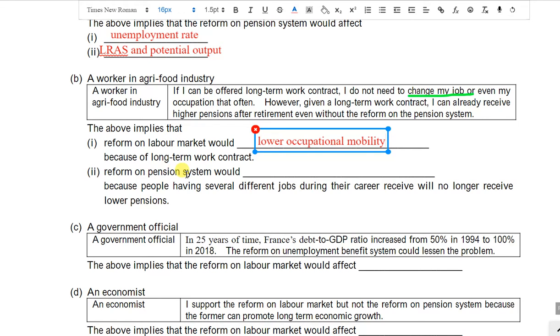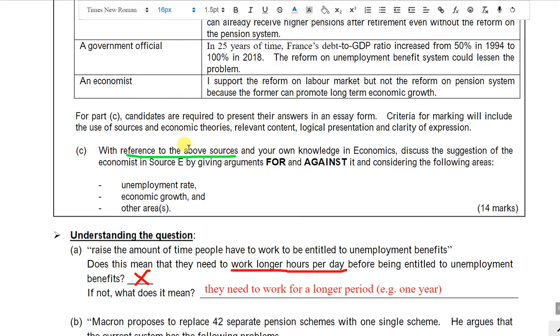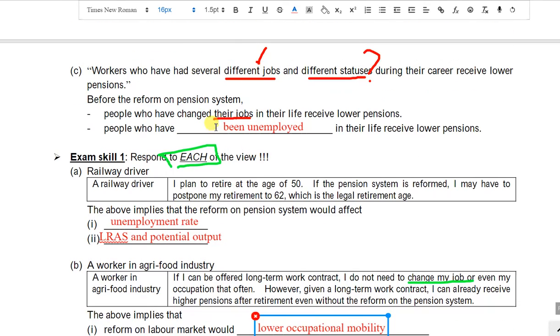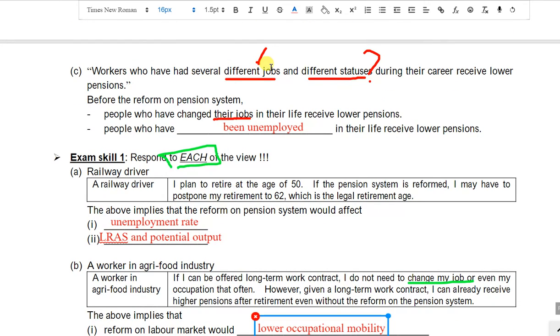On the contrary, the reform on the pension system may also affect the occupational mobility. In the past, without the reform, as I've mentioned before, if they changed their job, they would receive lower pensions after their retirement. Will they dare to change their job? Of course they won't. They won't want to do so because they will receive a smaller amount of pension after the retirement.